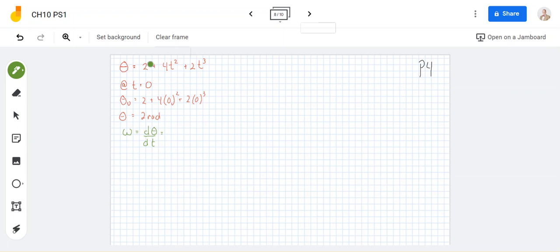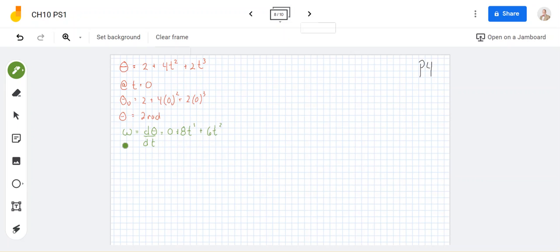So don't forget that this is t to the 0 here. So I have 0 goes with that term, plus 2 times 4 is 8. And then t, 2 minus 1 is 1, plus 3 times 2 is 6, t squared.